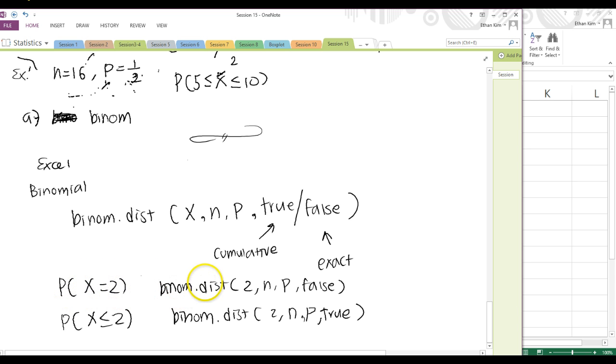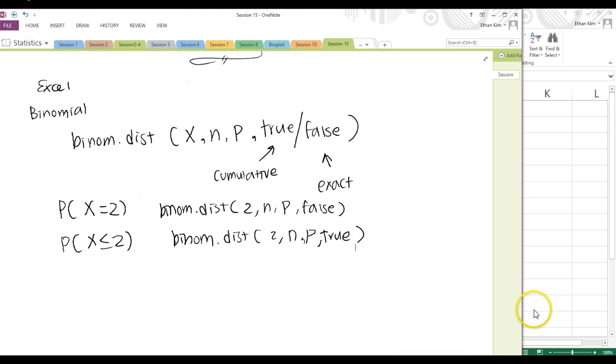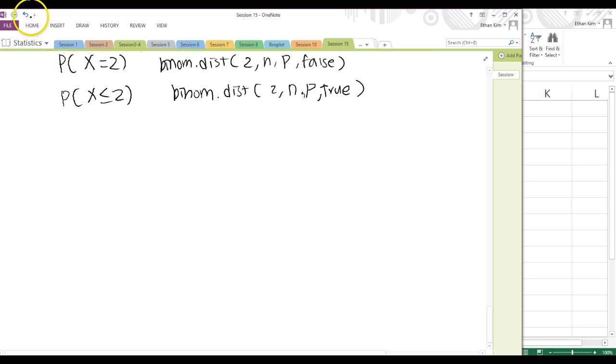And if you're looking at a range, say we're looking at A to B, there are two ways of doing this.